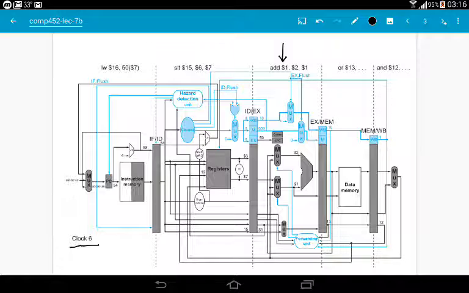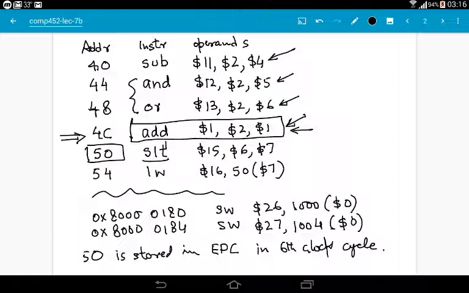In clock 6, the add instruction will reach the EX stage. It is followed by SLT, and this instruction is the one which follows SLT. Let's go back and take a look. Yeah, this LW comes after SLT.